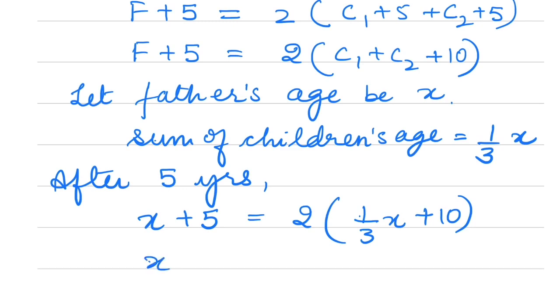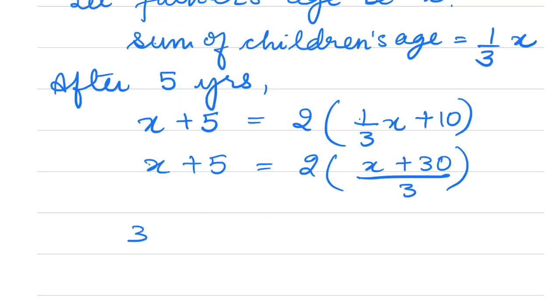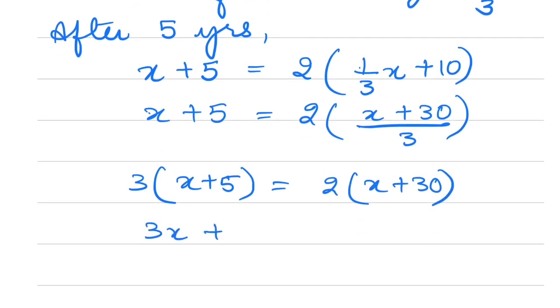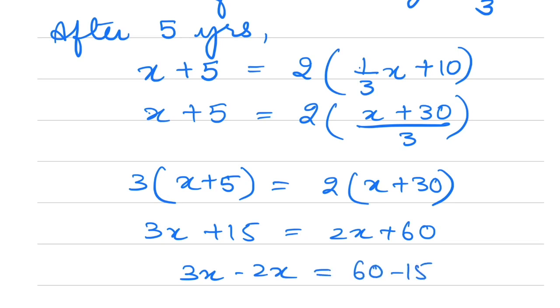Let's solve it. So x plus 5 is equal to 2 into x plus 30 by 3. So thrice x plus 5 is equal to twice x plus 30. Now 3x plus 15 is equal to 2x plus 60. Now 3x minus 2x is equal to 60 minus 15.